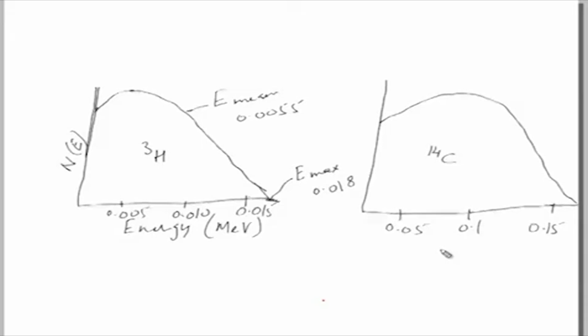If you see, the E maximum here is around 0.156 million electron volt, and E mean is around 0.05 million electron volt. It is higher than the 3H, but there is a spectrum here, where you will find that fewer and fewer atoms are at high energy, and so you can have a mean value.